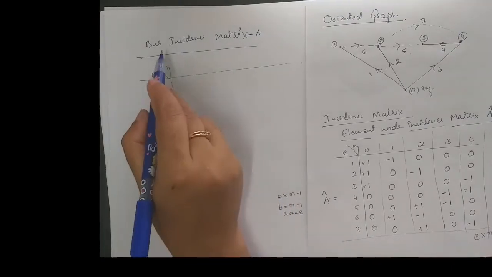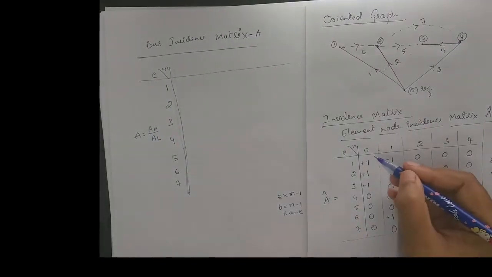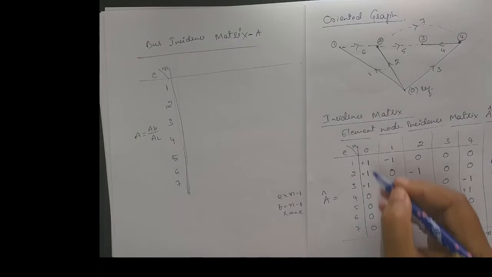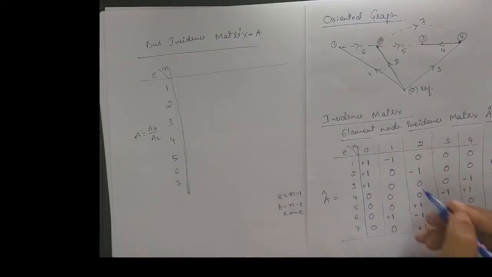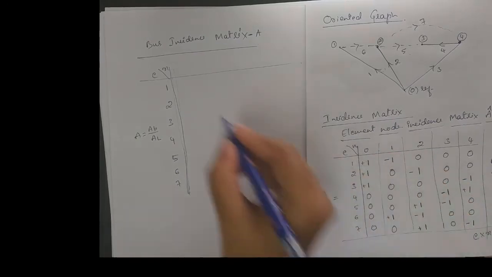In order to get the bus incidence matrix, what do we have to do? The column corresponding to the 0th node or reference node we have to delete and write the rest as it is.